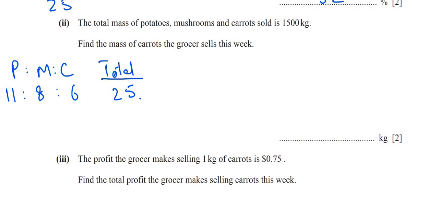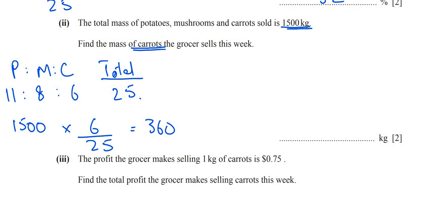They sold 1500 kgs. So you will do 1500 multiplied by, we need to find the mass of carrots, so carrots is 6 and total is 25. So 1500 multiplied by 6 divided by 25, that's 360.